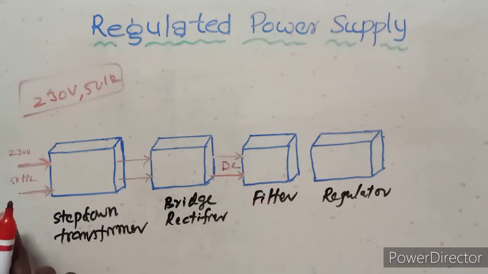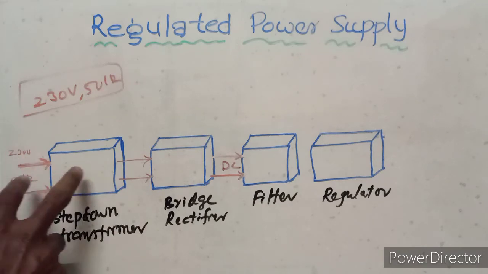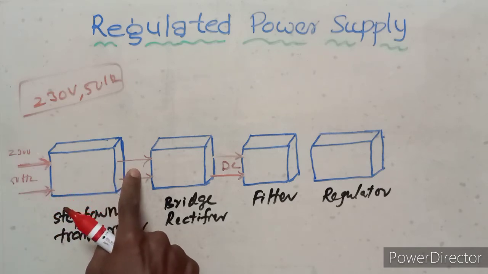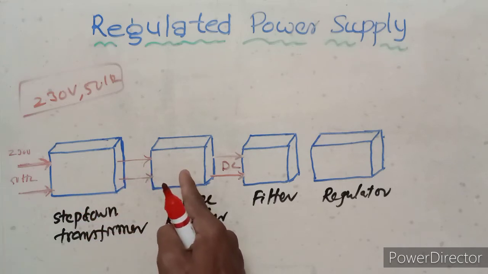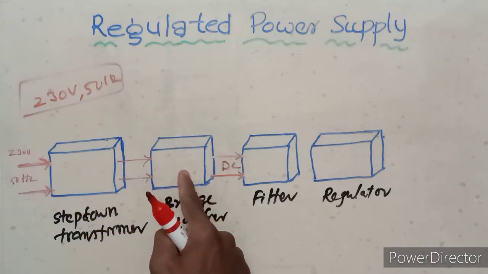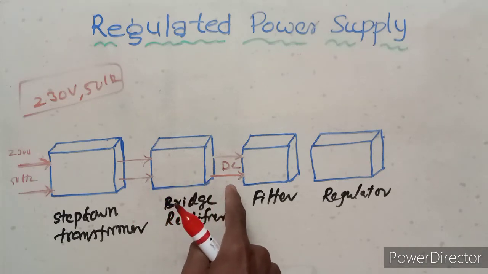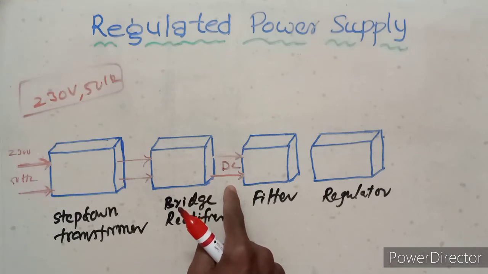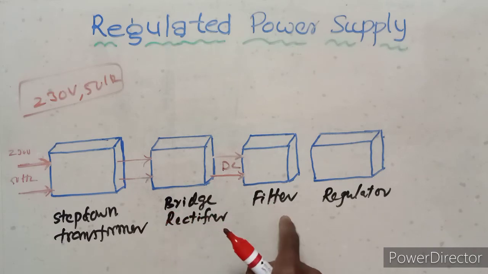The input AC voltage is converted into the required AC voltage. This required AC voltage is the input of the bridge rectifier. So the bridge rectifier output is the DC. That DC is the pulsating DC, and that pulsating DC is the input of the filter.